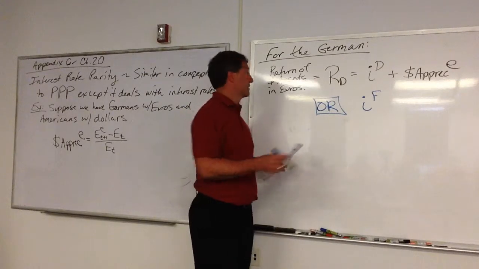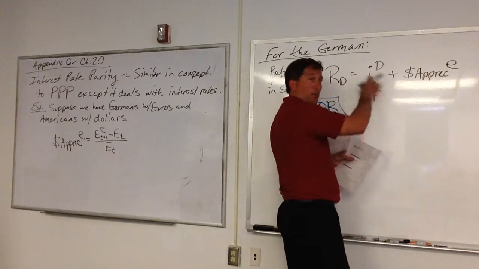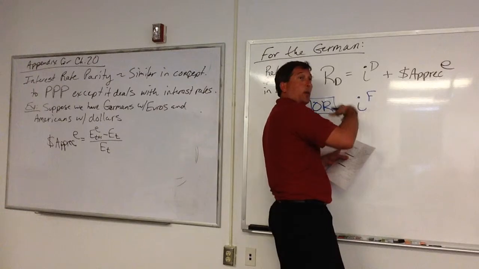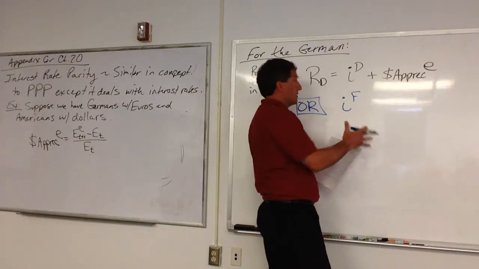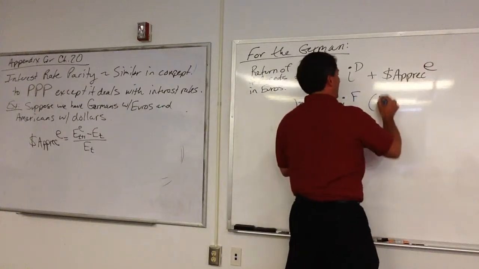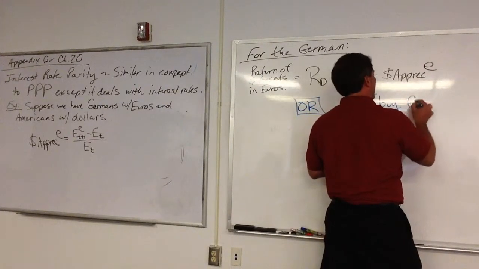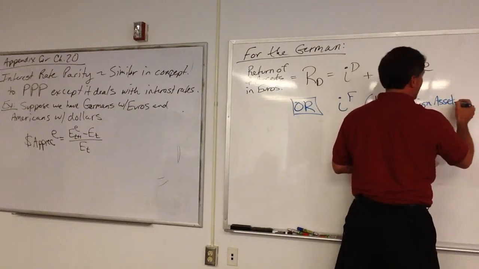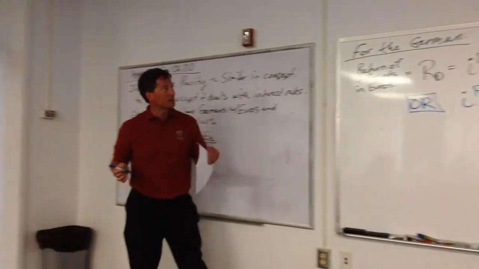Yeah. So now the German can just buy foreign denominated assets, earn that, and then once it pays out, they don't have to convert anything because they already live in Germany, right? So this is just buy foreign assets, which is domestic to them. This is where it gets slightly confusing, but yes, I think you said it right.